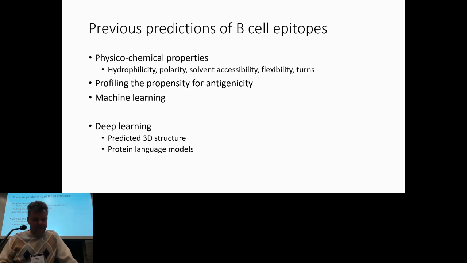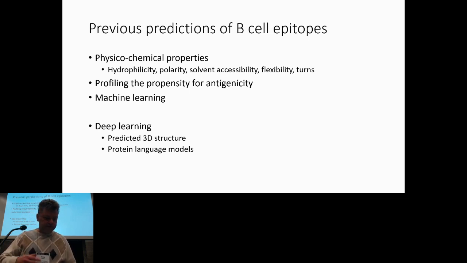Some simple machine learning approaches combined a few of these physicochemical properties. Now the field has actually been stalling, meaning that prediction is still pretty random for B-cell epitopes. So there are lots of things to explore and improve.